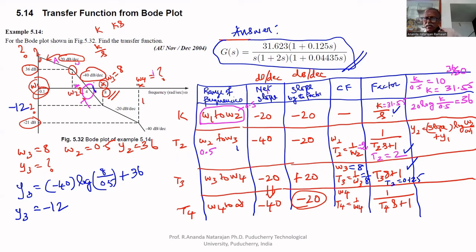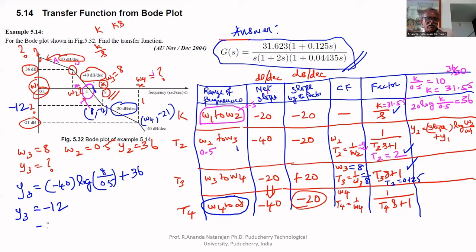Therefore, here we already found this. Now we have to go for this range. Omega 4 we have to find. The slope is minus 20 dB per decade. Here, the coordinate is 8 comma minus 12. Here, the coordinate is omega 4 comma minus 21. So omega 4 we have to find.